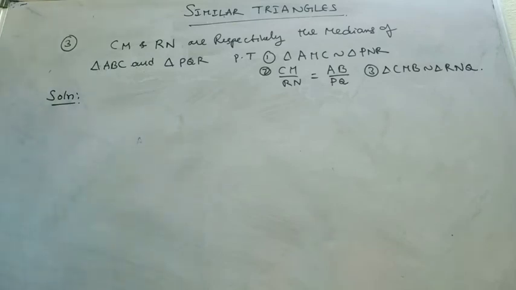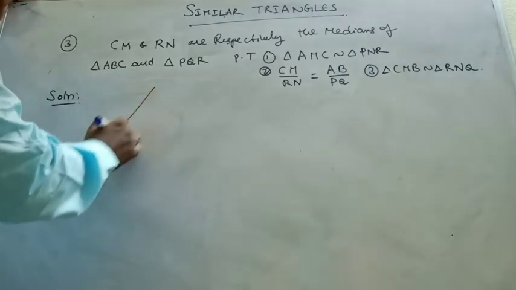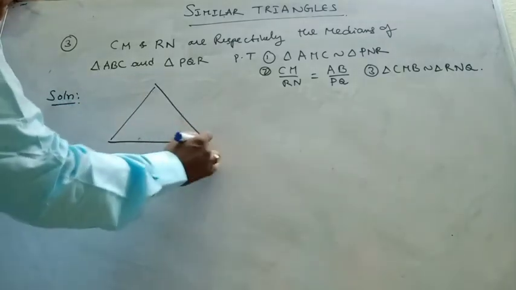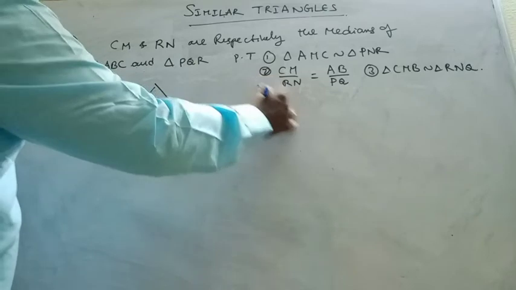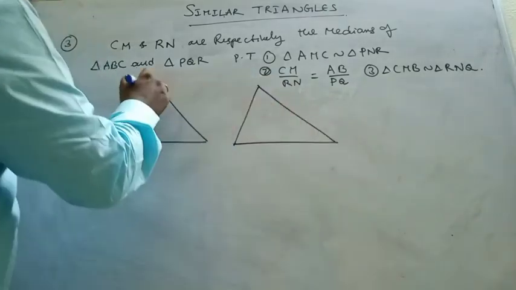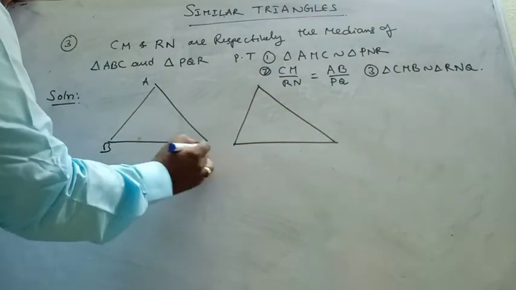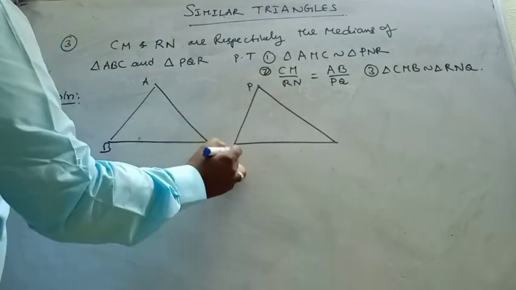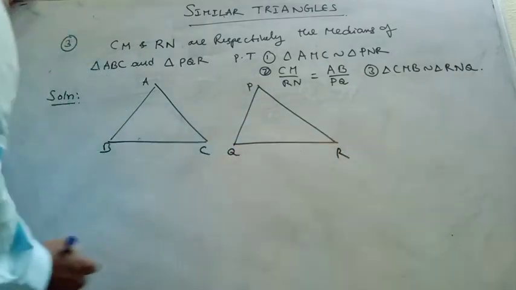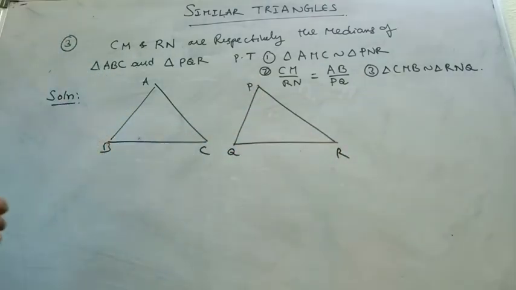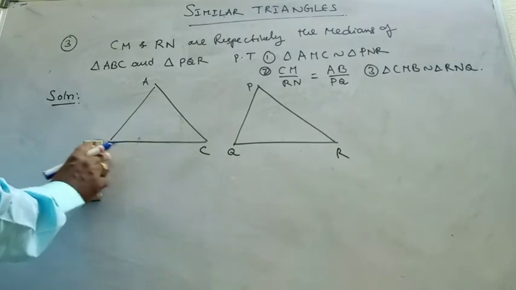You see, my dear students, how we are going to do this problem. CM and RN are respectively the medians of triangle ABC and triangle PQR. Let us take triangle ABC here and triangle PQR here.